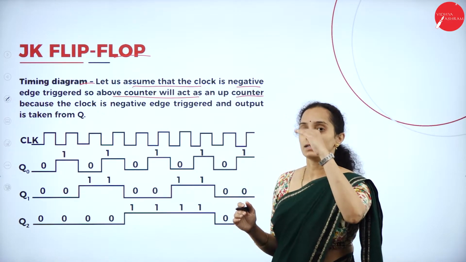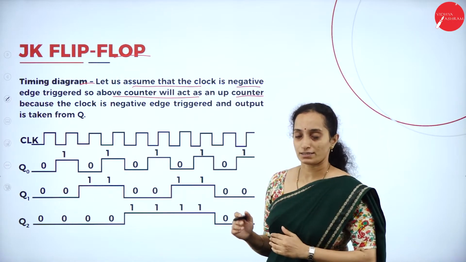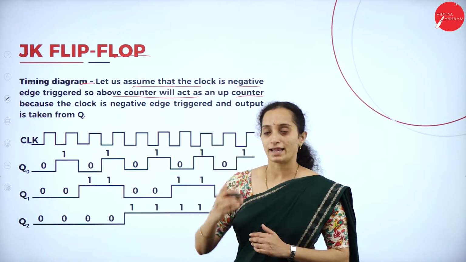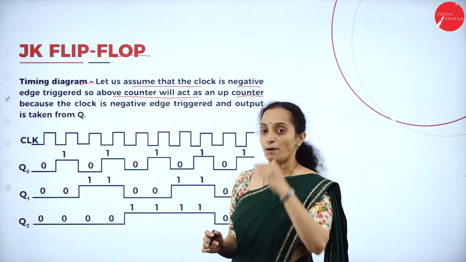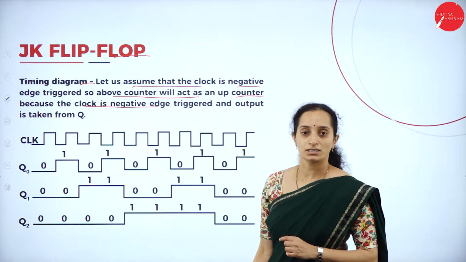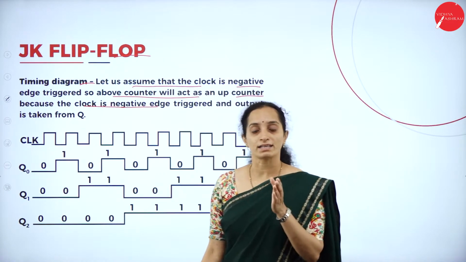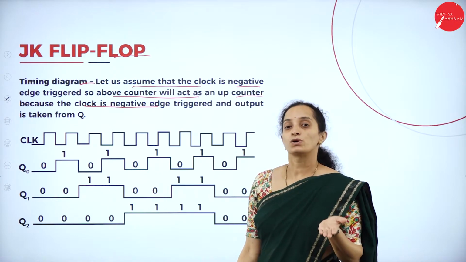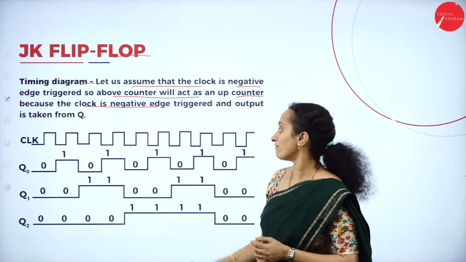It takes the pulse to the positive or high state, so it is called an up counter. Because the clock is negative edge triggered, it will be triggered to rise to the high value.